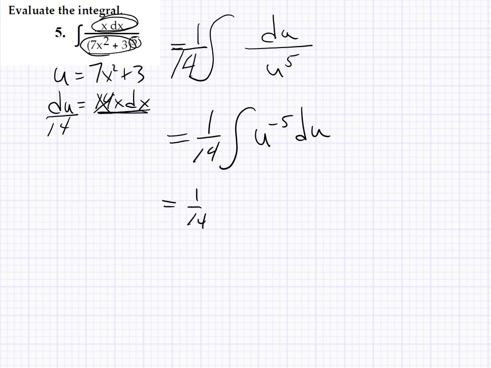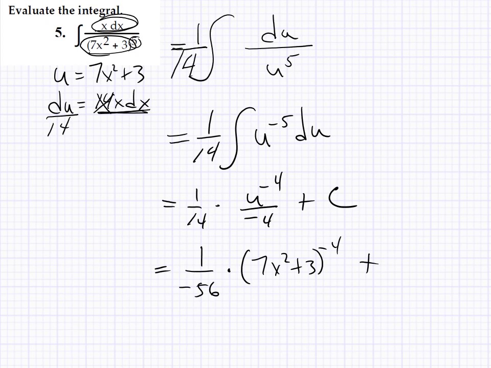So in which case I get 1 over 14 times u to the negative 4 divided by negative 4 plus c. Well, 14 times negative 4 equals, we got 1 over negative 56 times u, which was 7x squared plus 3 to the negative 4 plus c.